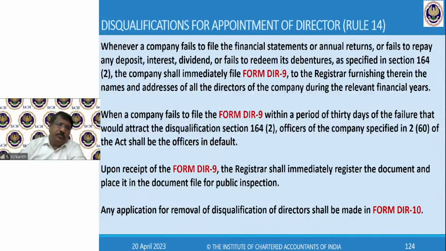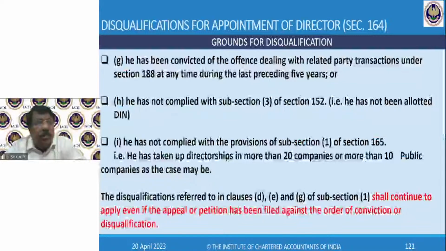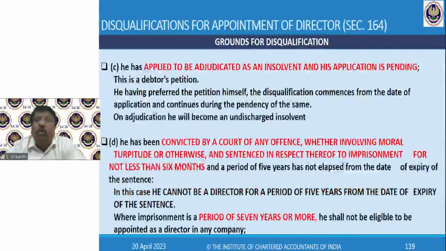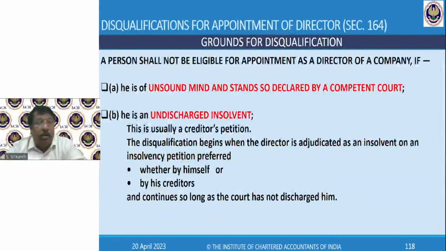An application for removal of disqualification of a director shall be made in Form DIR 10. What I'm saying is, some of these disqualifications can be removed. For example, unsound mind. He can come back with a medical certificate, go to the court and get an order that he is of sound mind. Insolvent can be discharged.